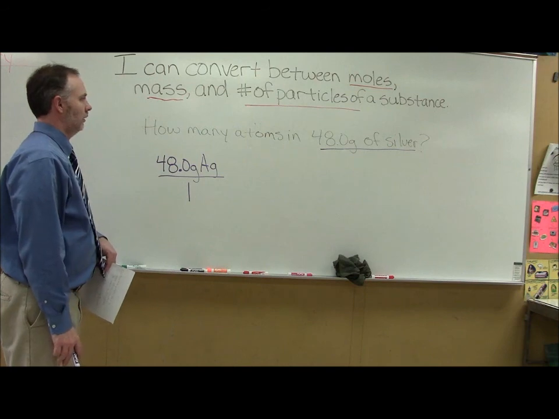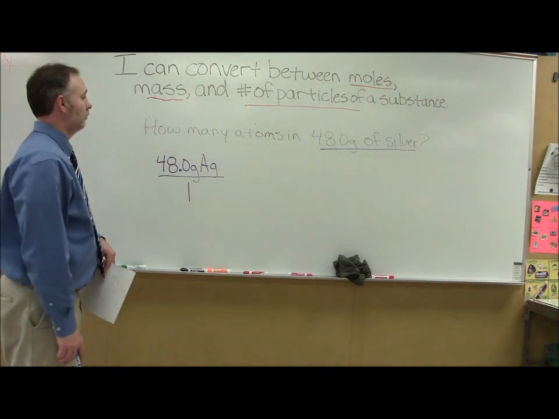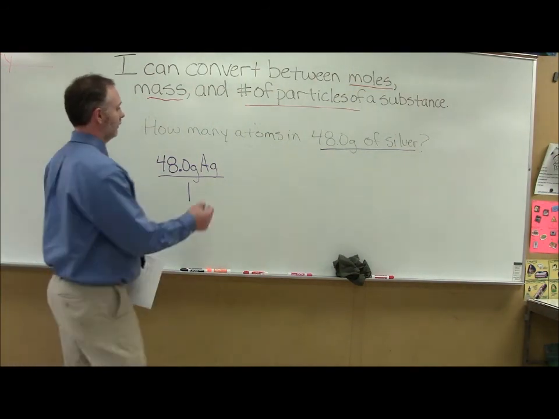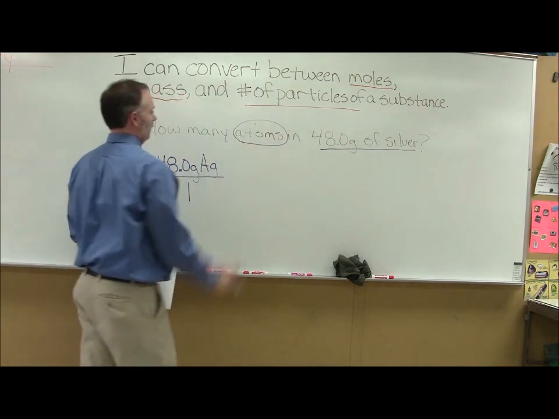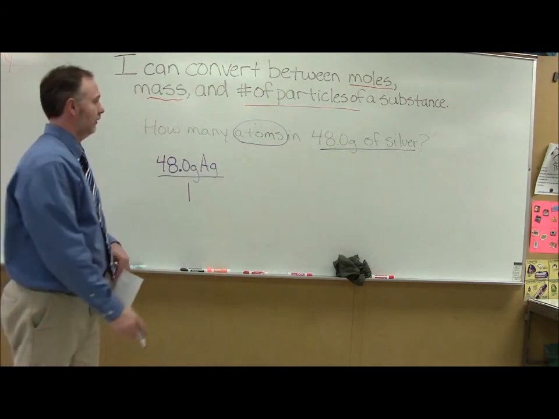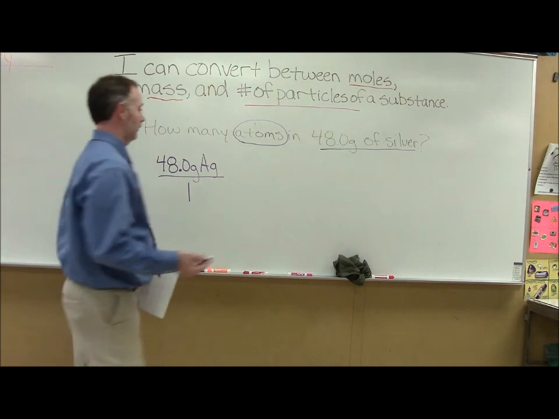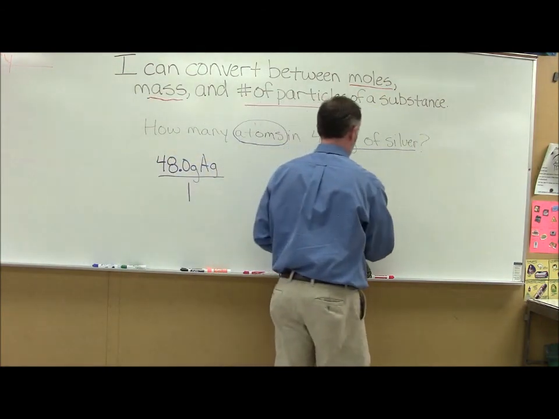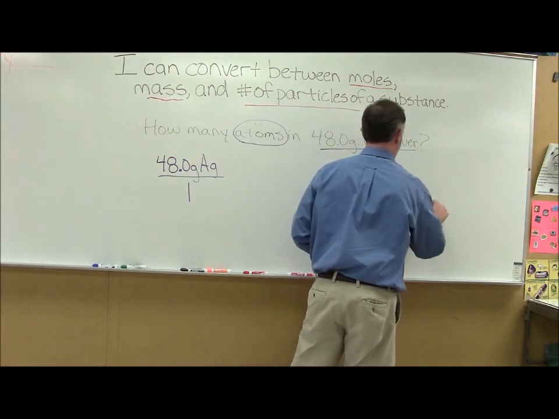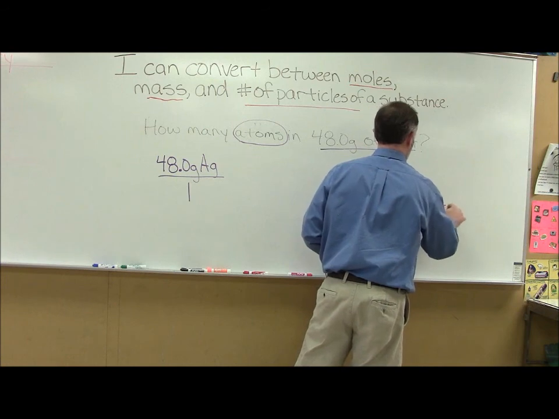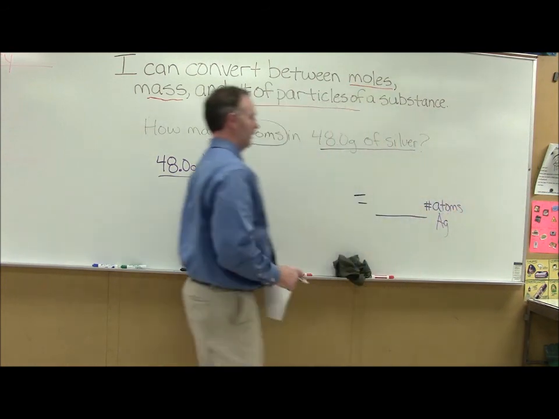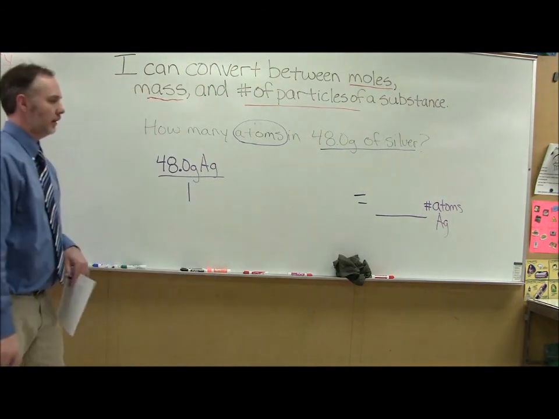What final unit do I want to end up with? What is my question asking for? It's asking for how many atoms. So I need a number of atoms. My final unit is number of atoms of silver.